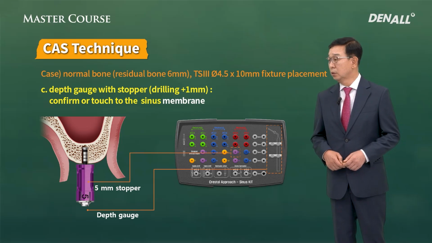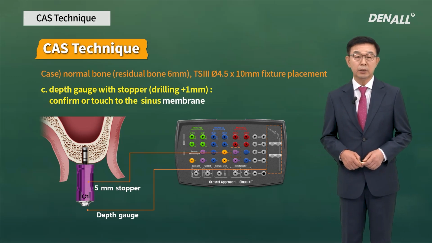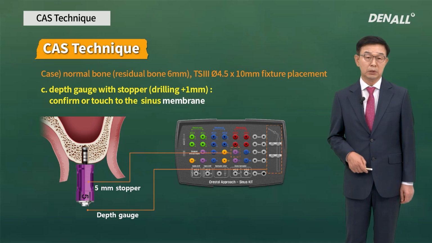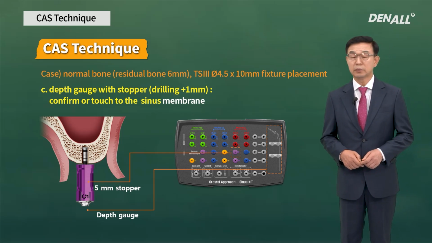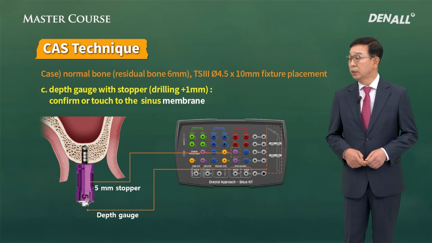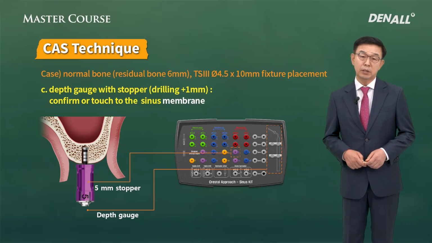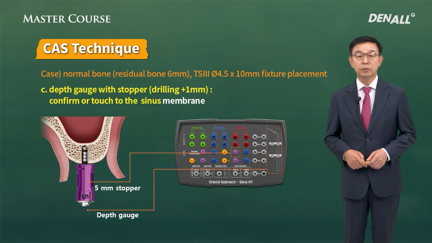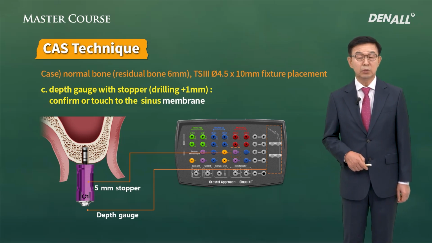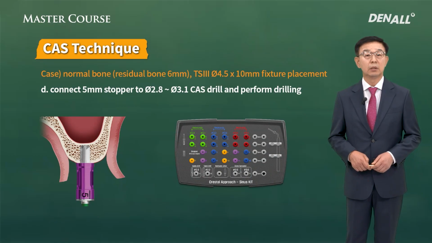However, actually, under drilling is done, therefore, it's rare that the sinus floor is penetrated. If you are a beginner and have difficulty noticing the tactile sense you get when the sinus floor is penetrated, if you use 1 mm longer stopper and check, you can check the sinus floor fairly safely.